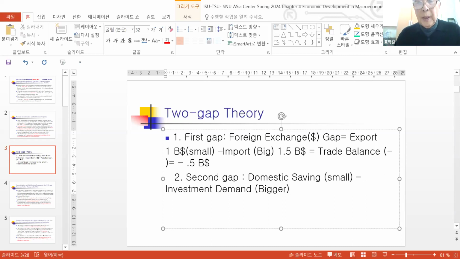So what happens to this domestic saving? This becomes the savings gap, the investment gap.